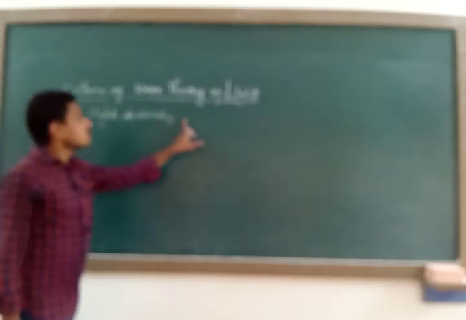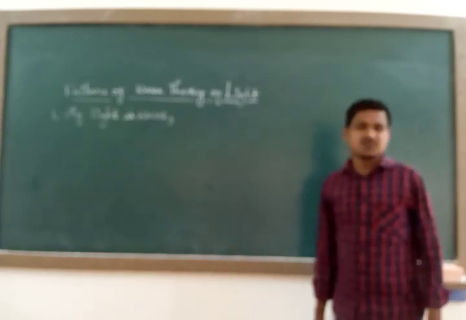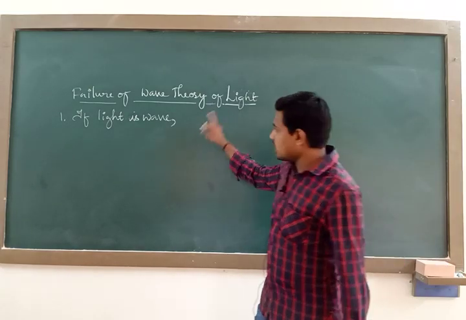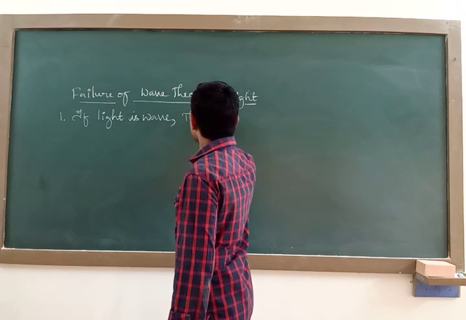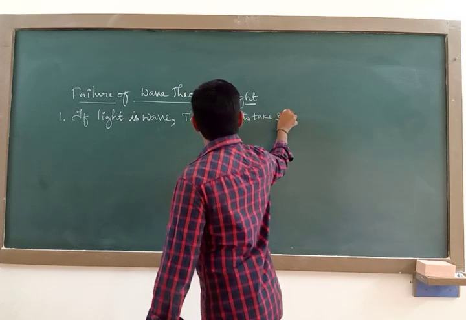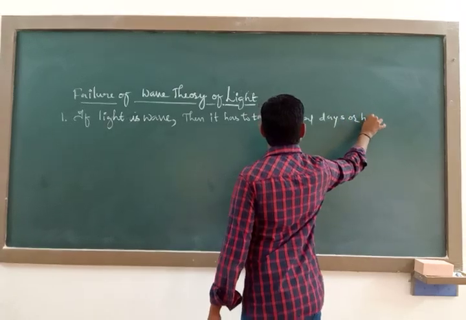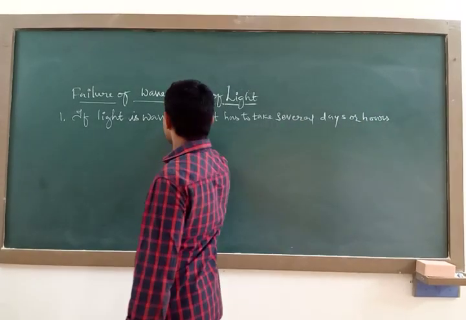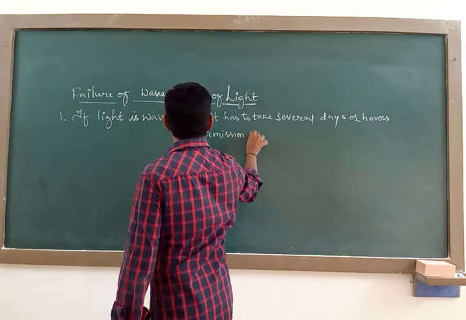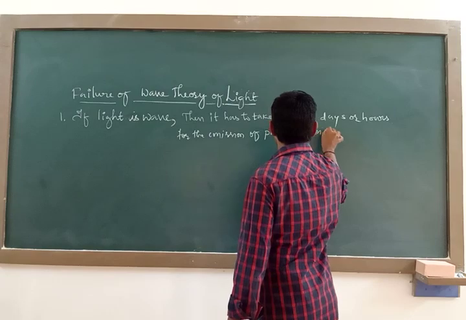If light is a wave, then it has to take several days or hours for the emission of electrons from the surface of a material. So the first point is, if light is a wave, then it has to take several days or hours for the emission of photoelectrons.